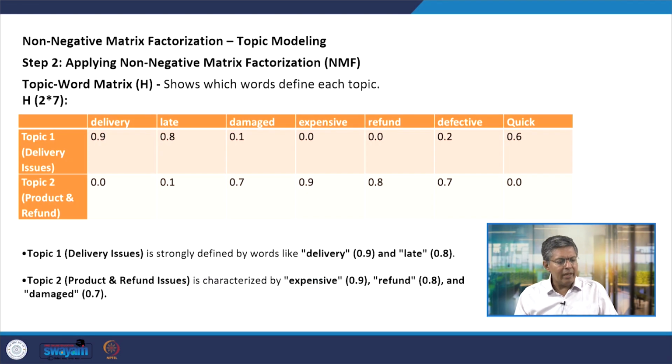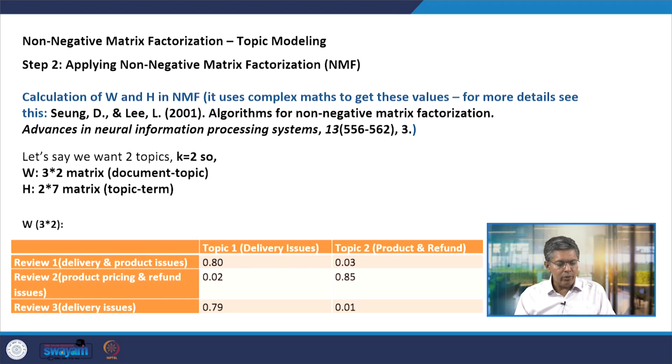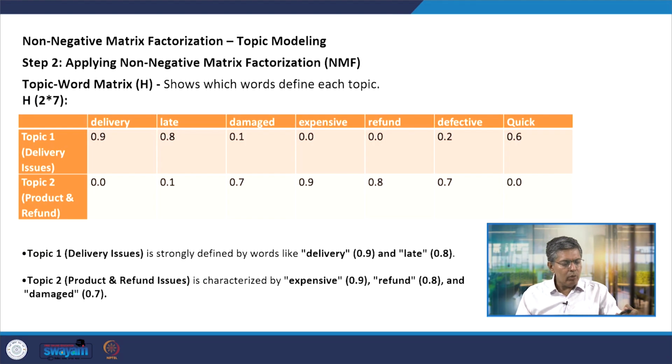In the second step, we will find out the H matrix, which is the 2 cross 7 topic term matrix. It shows which words will define the topics. Topic 1 we said is delivery issues, and topic 2 is product and refund. Now, each term that we have taken: delivery, late, damaged, expensive, refund, defective and quick. What is the contribution here?